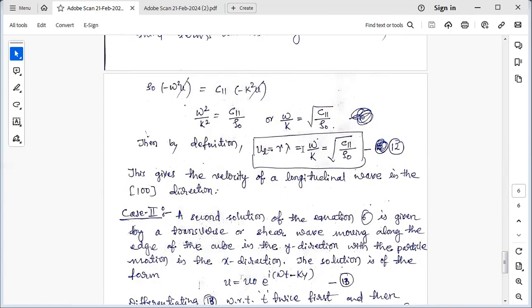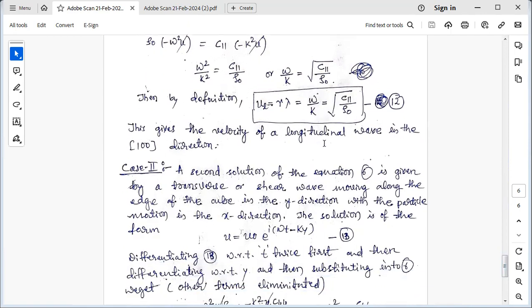This is equal to omega over k, and this omega over k is equal to root of C11 by rho naught. Because omega over k is called the phase velocity of a wave train, it is taken as the velocity. Phase velocity means the velocity of a single wave. So this gives the velocity of a longitudinal wave in the 100 direction.